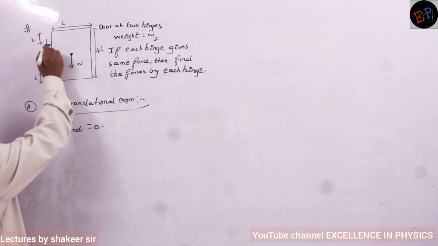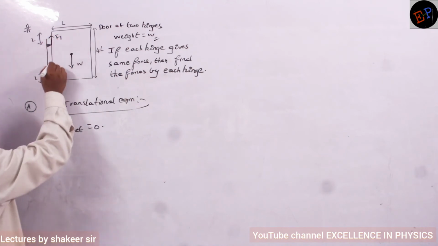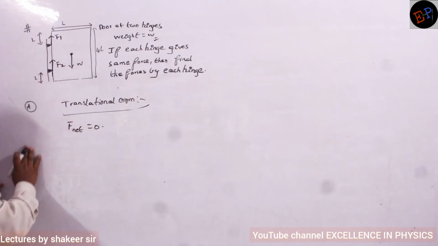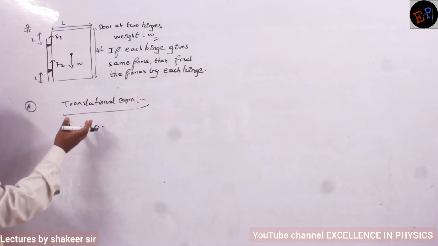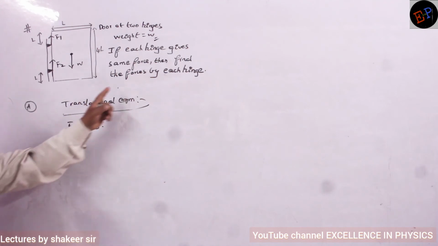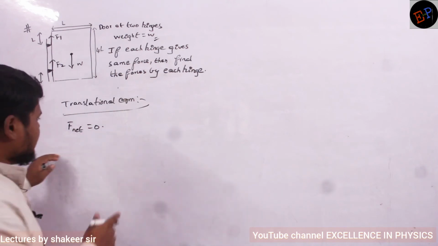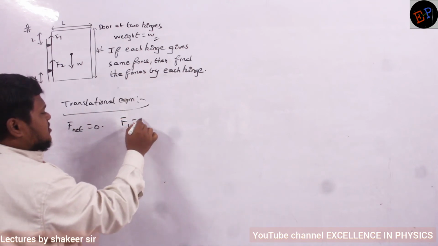That's all. How many hinges are there? 2 hinges. So let us consider one hinge will give a force of F1 and the other hinge will give a force of F2. If weight is acting in one direction, hinges should give force in the opposite direction. He said the force applied by each hinge is the same, so F1 is equal to F2.